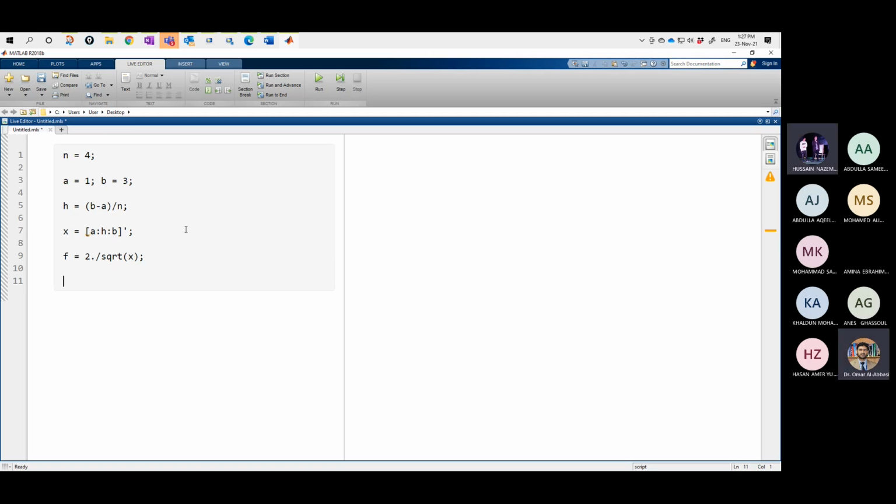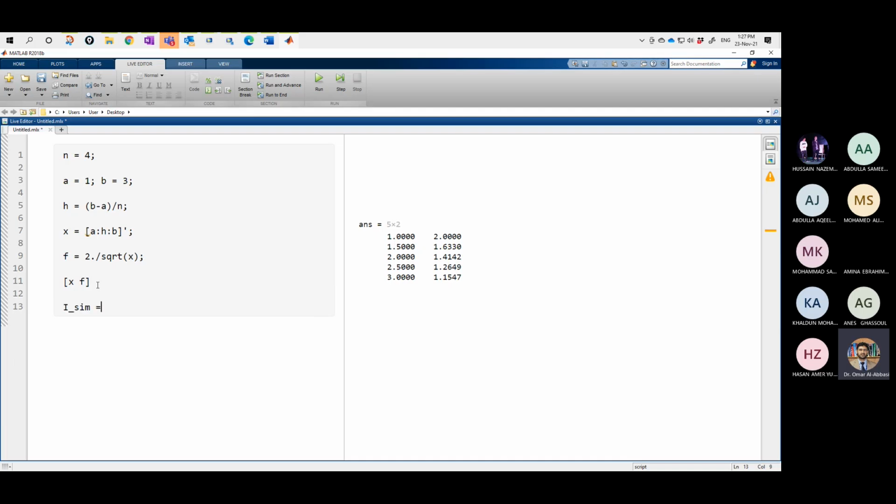Still, the integration is the next step, right? Here I'm just showing X and F, the values of X: X1, X2, X3, X4, X5, and the corresponding value of the function at each point. Okay.